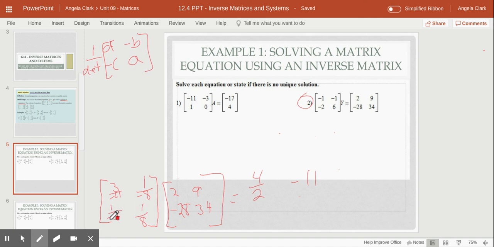And then negative 1/4 times 2 plus 1 over 8 times negative 28 gives me 6 over 2. And then 1 over negative 4 times 9 plus 1 over 8 times 34 gives me 2. So this is my first solution.